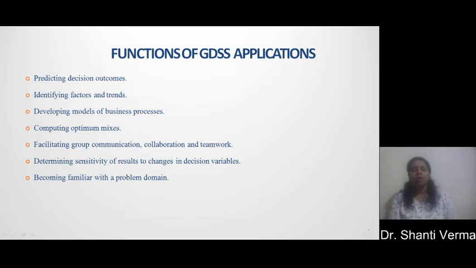This collaboration and teamwork is a main important objective of the GDSS. Also determining sensitivity of results to changes in the decision variables, and its use in becoming familiar with the problem domain.